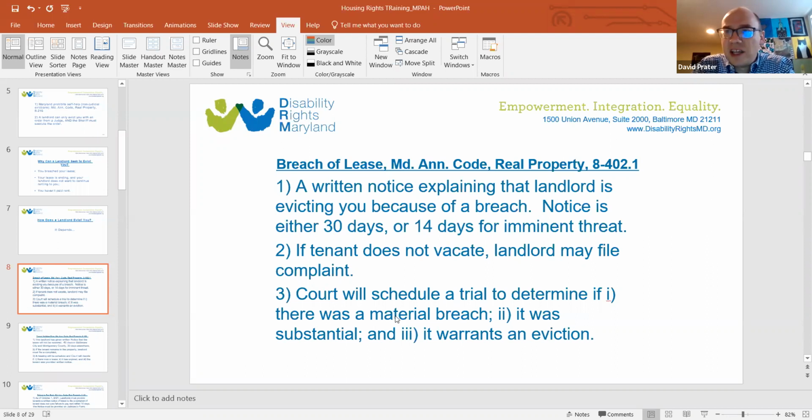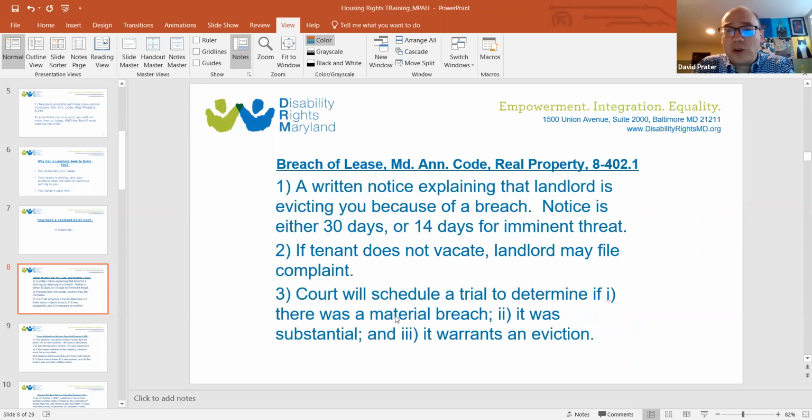So maybe as an example, let's say there's a lease and a provision of the lease prohibits a tenant from keeping potted plants on their balcony. And the landlord sends a 30-day notice, the tenant blows it off and says, oh, what is this about? That's a little silly.